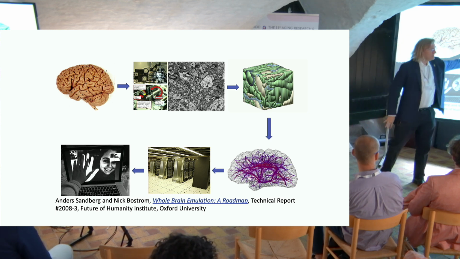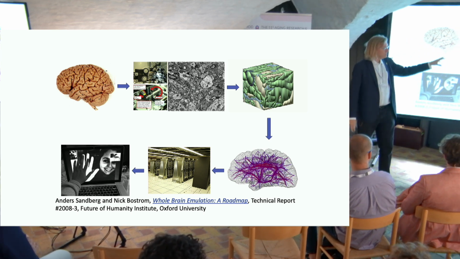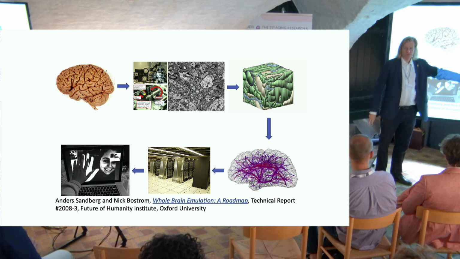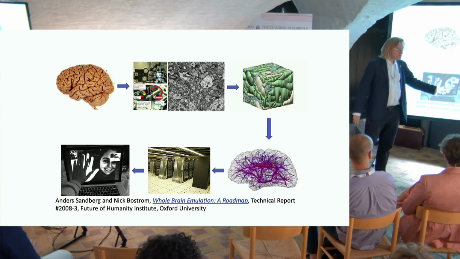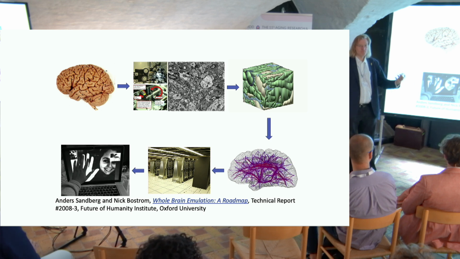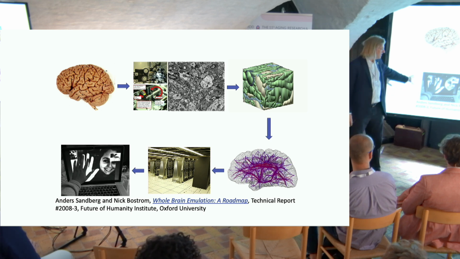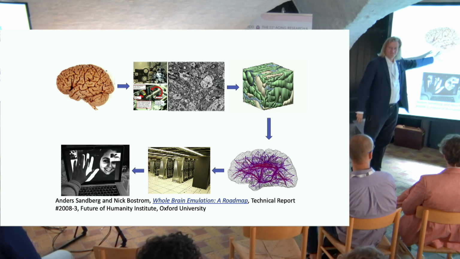You end up with a three-dimensional model of what's where. You then generate a computational model, run using the normal Hodgkin-Huxley equations and other biophysics. And if everything has gone well and you have a sufficiently big computer and a body model and hand wave, you end up with an organism that behaves the same as the original owner of the brain.